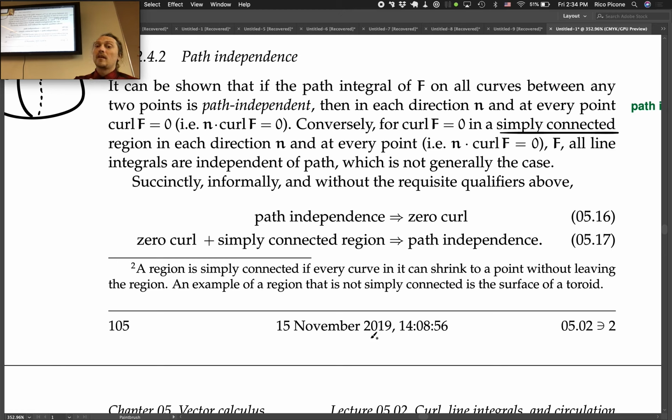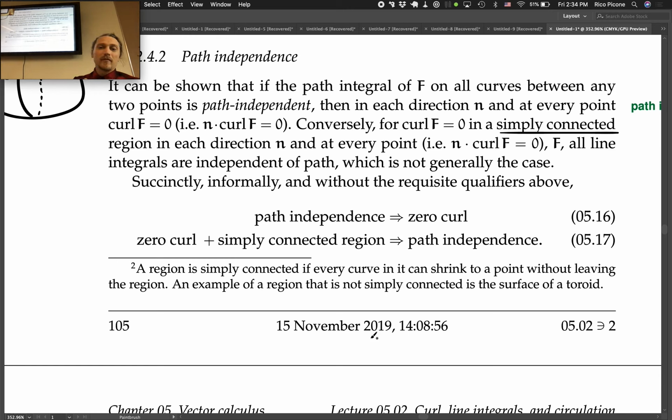No. And the curl can be non-zero, right? Any sort of vorticity that shows up. You can have fluid fields that happen to have no vorticity in them, but that is not generally the case. It's not the case for all fluid flow.